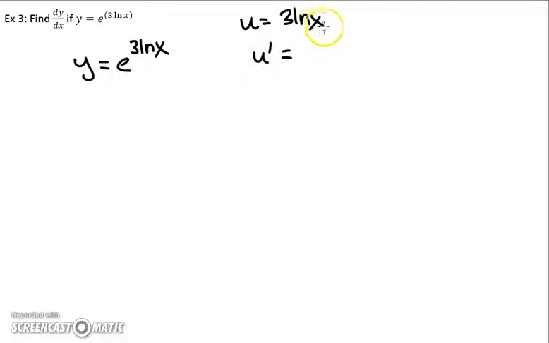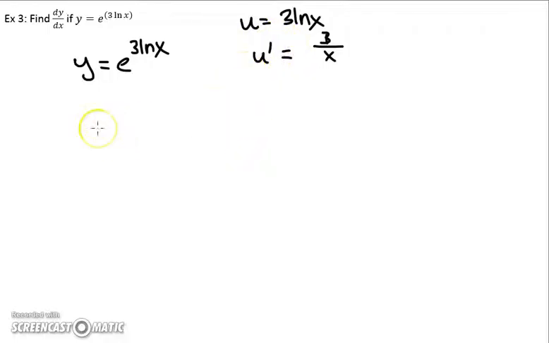So now we're going to get into something that AP loves to do. They like to combine e's and natural logs. So in this problem we're starting with e to the power of 3 natural log of x. Now if you wanted to, you could say u is 3 natural log of x, so u prime would be the derivative inside the log, so the derivative of x is 1, over what's inside the log, x, and then this 3 just kind of gets multiplied, so that would really be 3 over x.